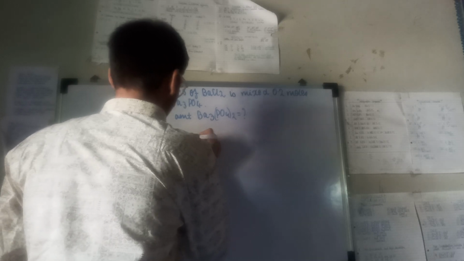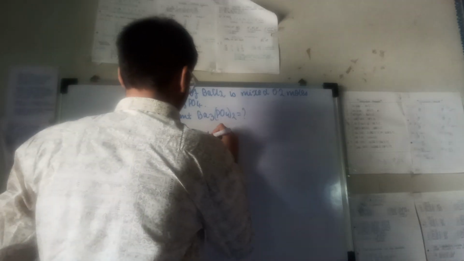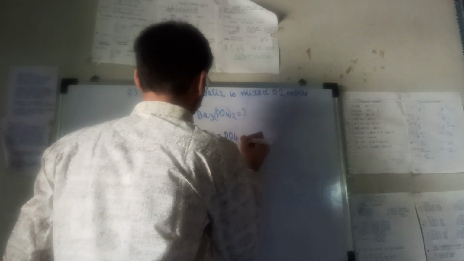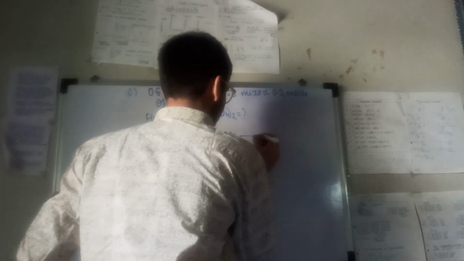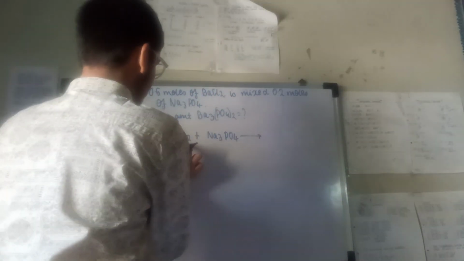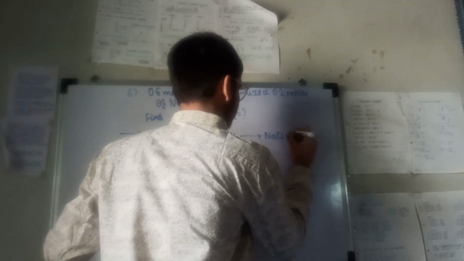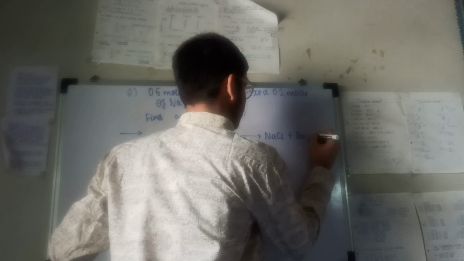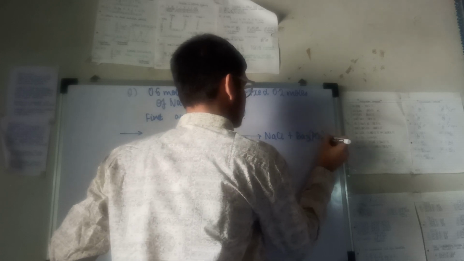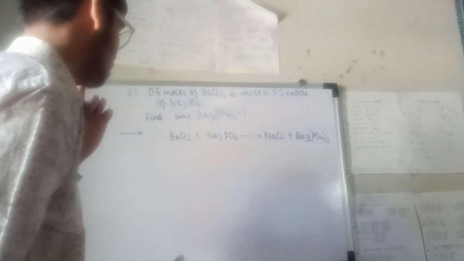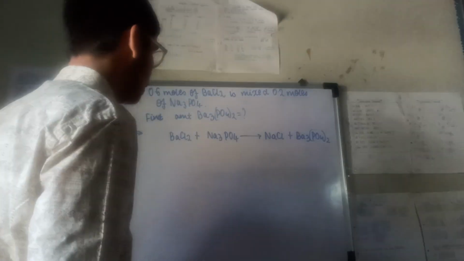Let's first step, write the balanced chemical equation. BaCl2 plus Na3PO4, a simple substitution reaction, will give NaCl plus Ba3(PO4)2.